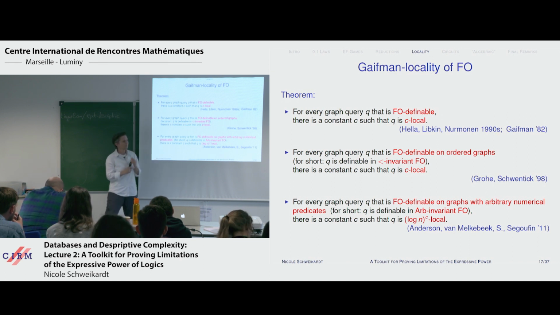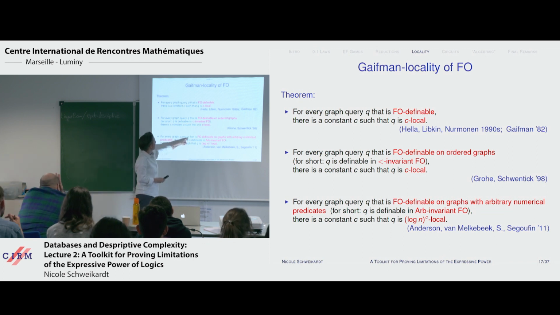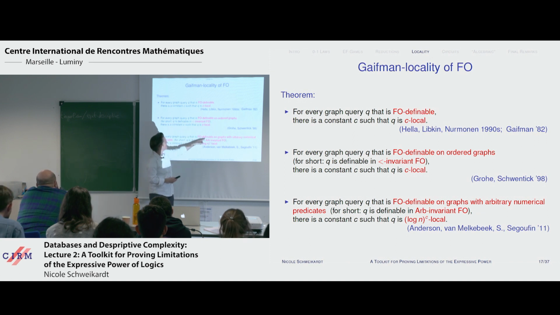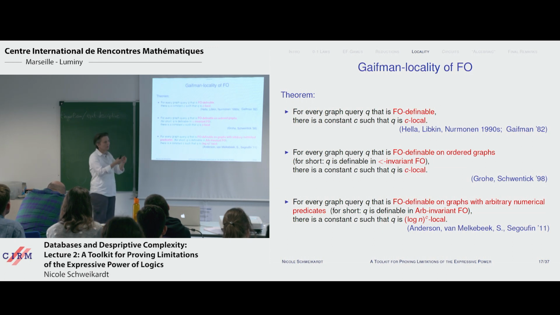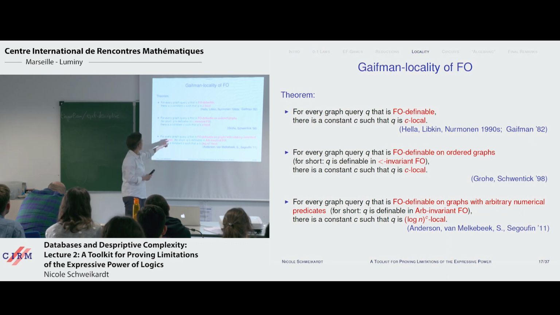And it does. Now here we look at first order logic on graphs where you can use a linear order and then arbitrary numerical predicates. The linear order identifies your nodes with numbers 0, 1 up to n-1. And then arbitrary numerical predicates means on these numbers you might have addition and multiplication and the bit predicate and, I don't know, whatever you like.